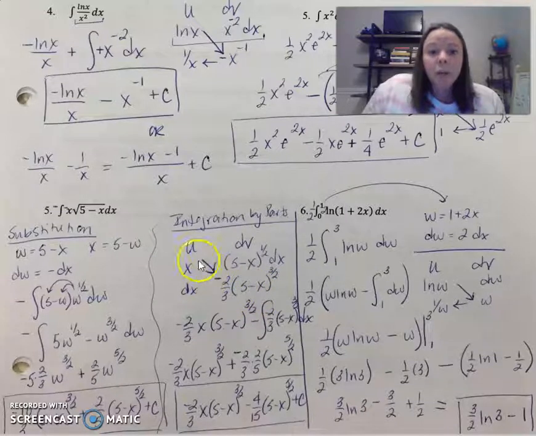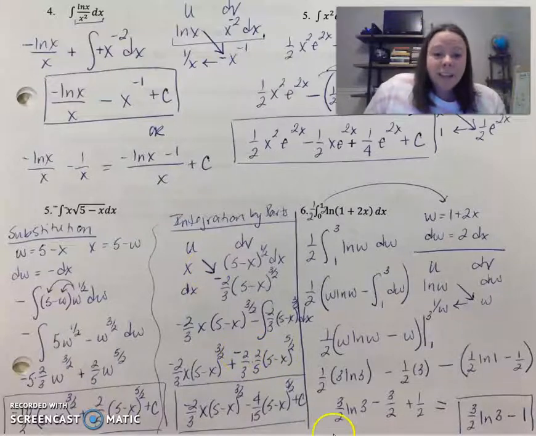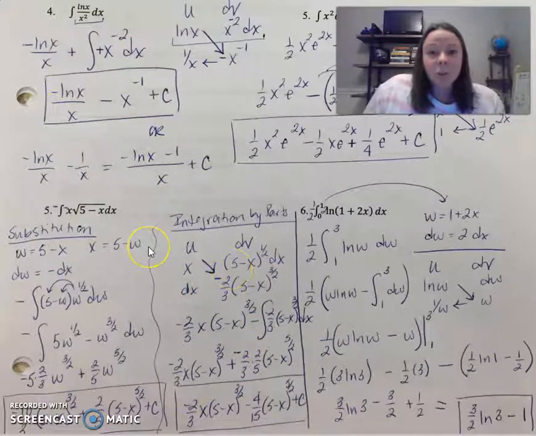Okay, but now you're ready. uv minus the integral v du, and then you end up having to repeat that process we just did again. So you have to add 1 to that exponent, divide by the new exponent, but then again, divide by the slope of that linear equation that's on the inside. So yes, definitely more complicated, but I think it's a really good challenge for you guys.